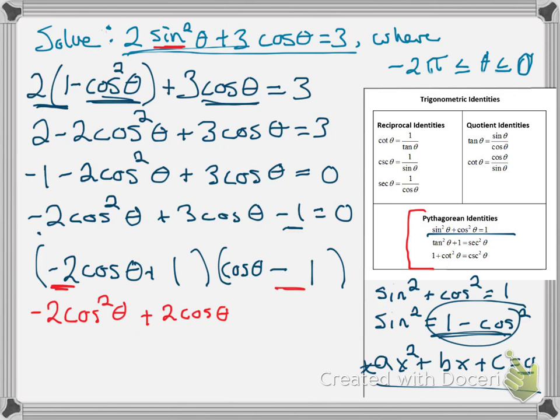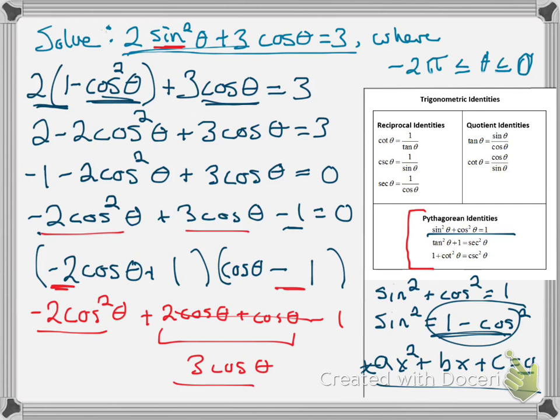Okay, so positive 1 times cosine gets us a plus cosine theta, and then we've got our negative 1 at the end, right? If we put these two things together, we get the 3 cosine theta in the middle, right? And then we've got our negative 2 cosine squared theta, 3 cosine theta, and negative 1. And we're good to go. Okay, let's get rid of all this.